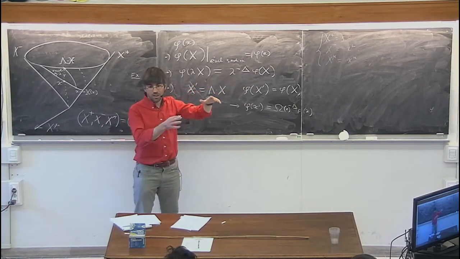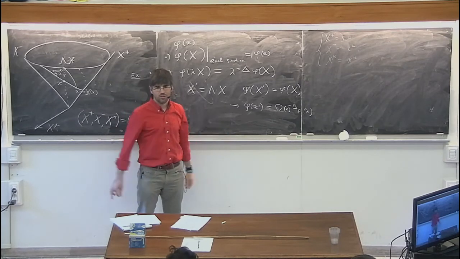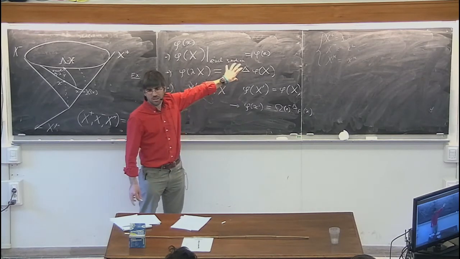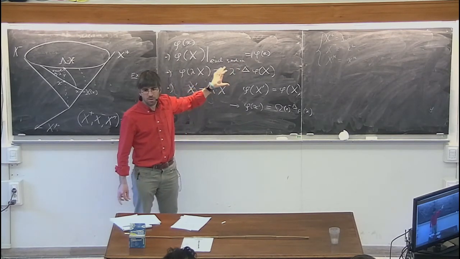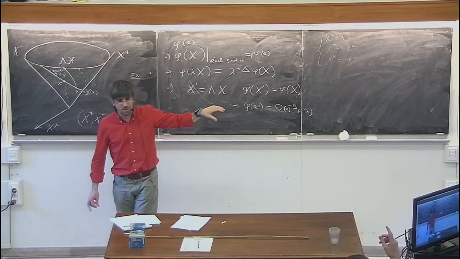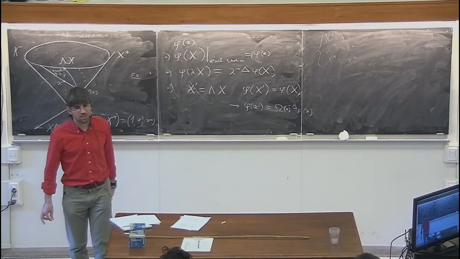Each primary field will have its own homogeneity factor. So this is completely up to us. This is arbitrary, just like it was arbitrary in the conformal group case. This just defines delta.